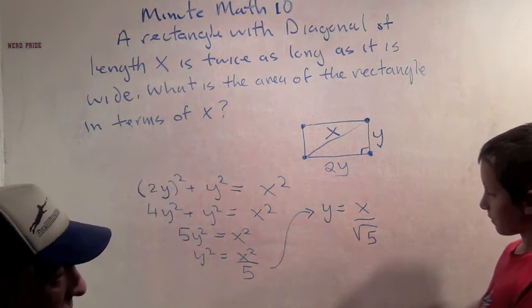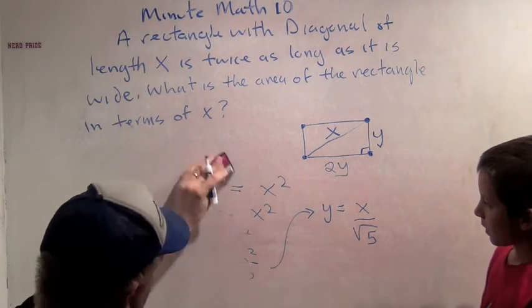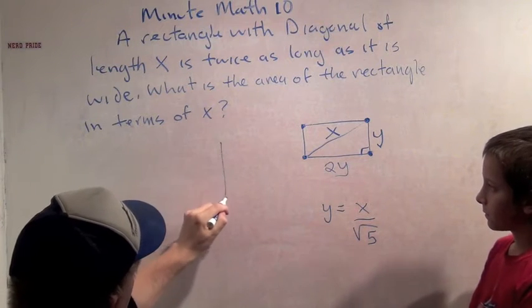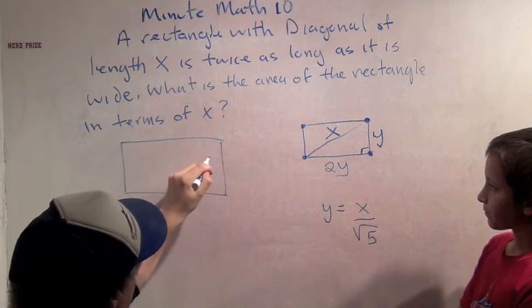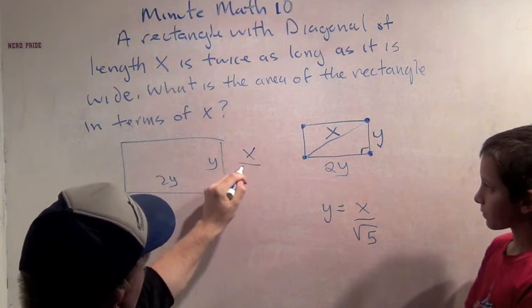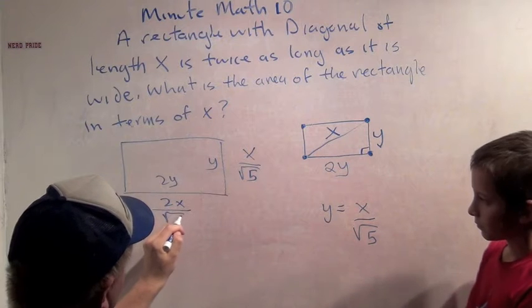So we just figured out what y was in terms of x. That's good news, because now I can write my rectangle: this is y, and 2y now becomes x over the square root of 5 and 2x over the square root of 5.